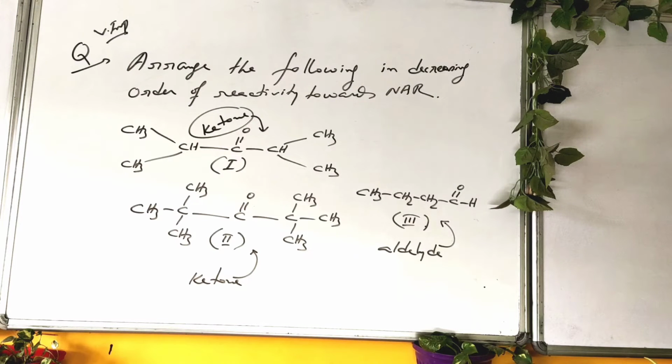So listen, number 3 is an aliphatic aldehyde. Numbers 1 and 2 are ketones, and we know that aldehyde is always more reactive than ketone. So number 3 is the most reactive.